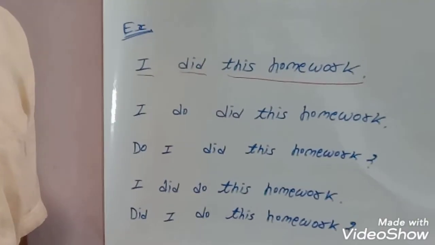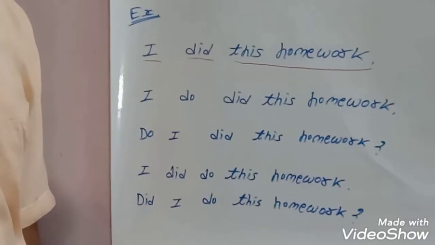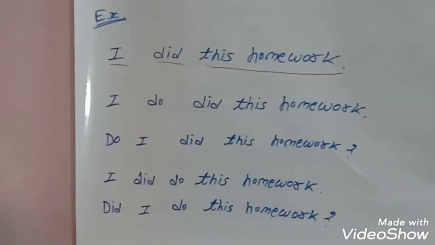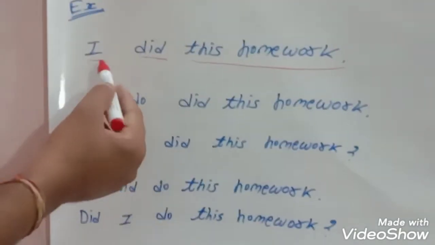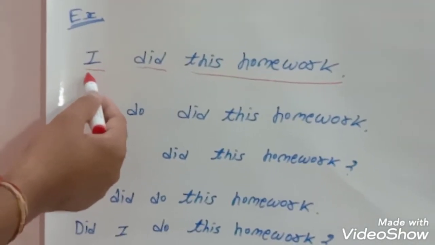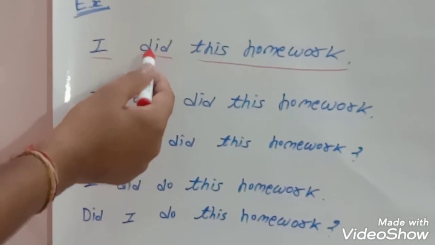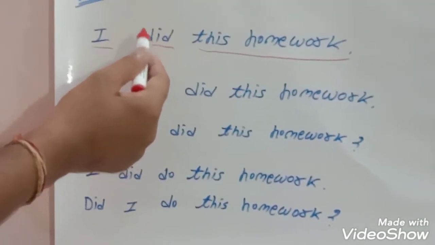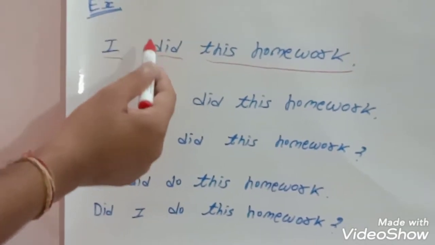Let us see a tricky example. "I did this homework." In this sentence, the subject is I, and what is "did"? Whether it is an auxiliary verb, helping verb, or a main verb. Most of the students get confused.